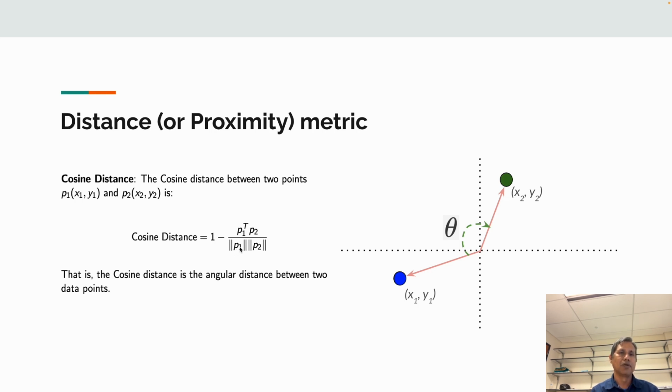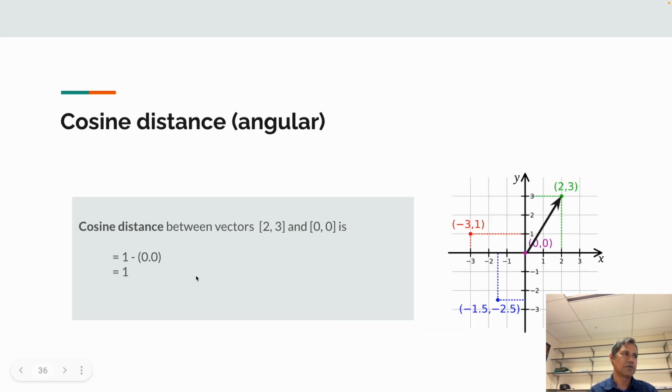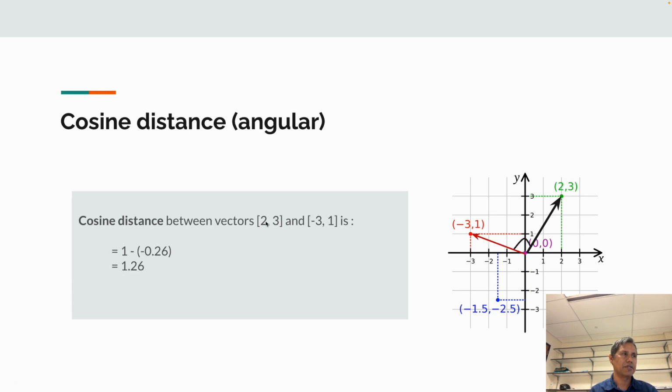We will be discussing in another video what these concepts are. In terms of concepts, the cosine distance is the angular distance between these two vectors. So that's the general idea. For these 2 points the distance is 1, and for these 2 data points the distance is 1.26.